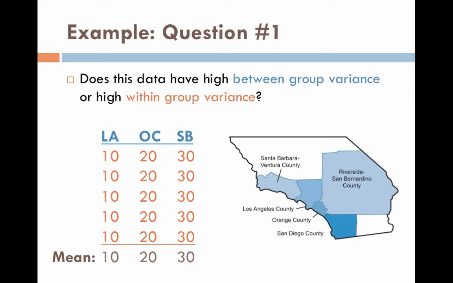But between the groups, the differences between the 3 different counties, we see that there is differences. So we have high between group variances, and actually no within group variances, because all 5 people from each of the 3 groups have exactly the same mileage.